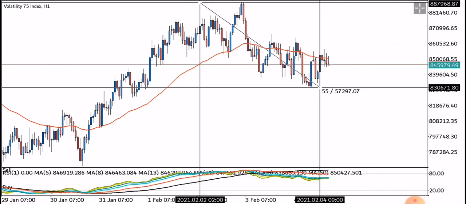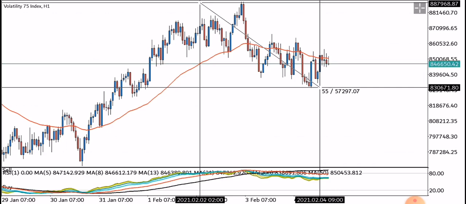Now, if you're taking this trade setup with a nano lot size, that is 0.001, you could be making about $57 in this trade. If you're taking it with a micro lot size, you'll be making $572 from this trade position.